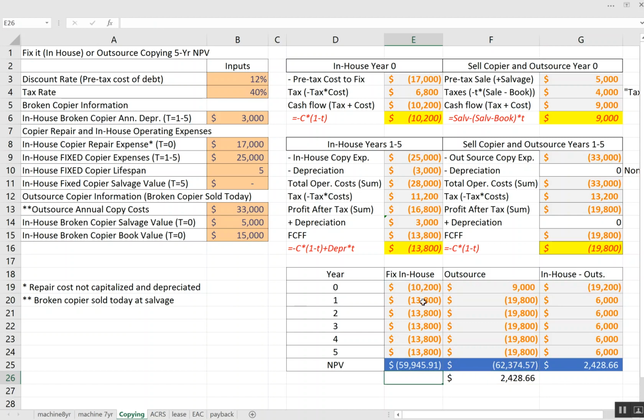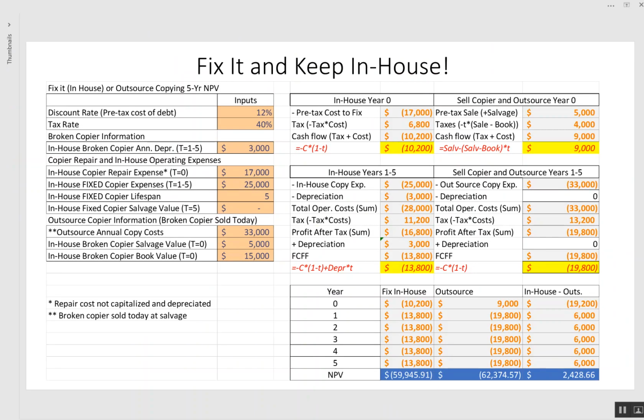So if it's a cost-only problem, you just want to minimize costs or maximize the NPV. In this case, it's a negative NPV, so when you maximize the NPV, you're trying to find the smallest negative number. So that's our example on the copier.